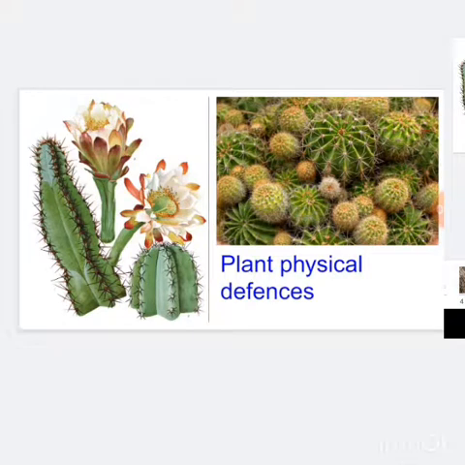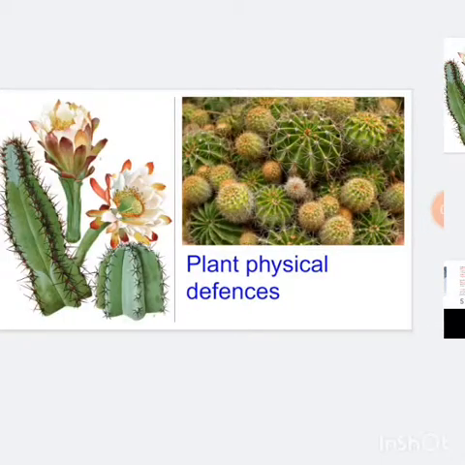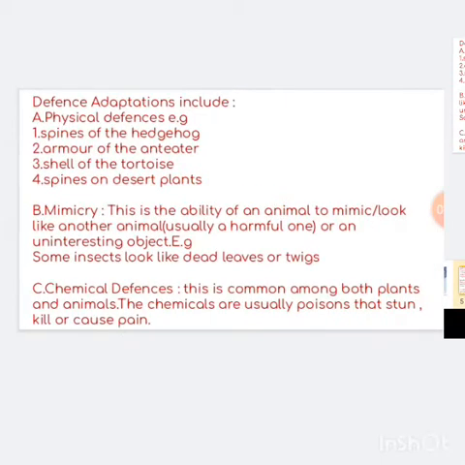Yes, these are examples of physical defenses of plants. Herbivores can't eat such plants. They have to contend with the spines, so they would rather not. Yeah, that's a hedgehog in the first picture, and that's a porcupine in the other picture, being chased by a predator. Okay, so let's go back.